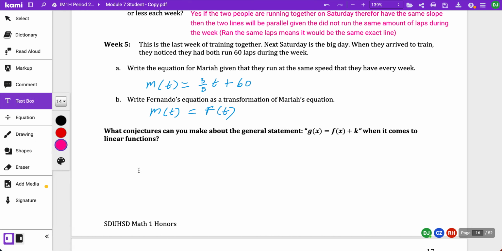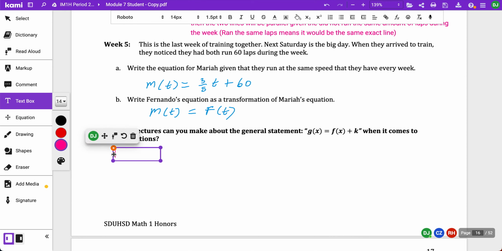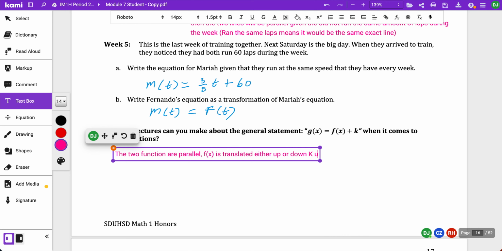We would determine that the two functions are parallel. F of x is translated either up or down k units.